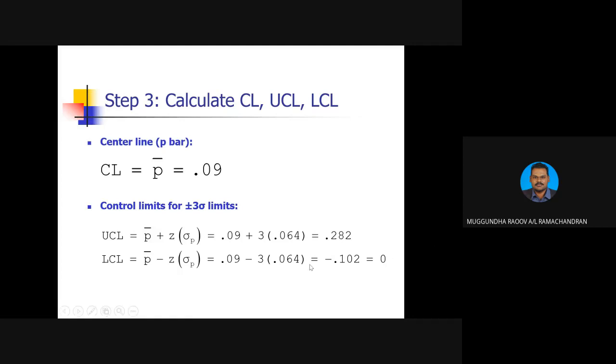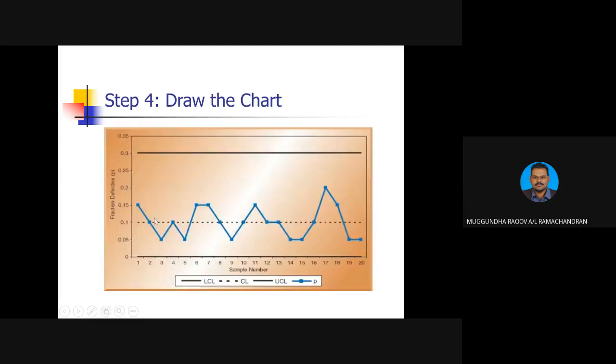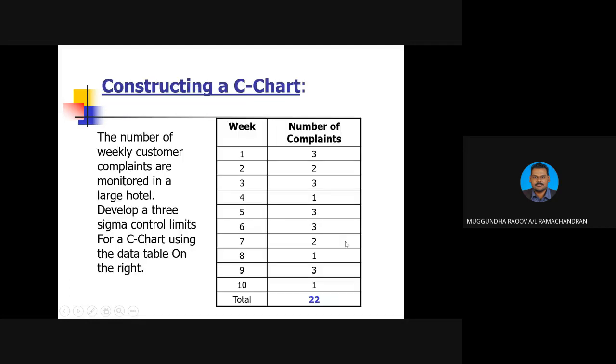When you get your lower control limit negative, you just have to put 0, because we can't plot something in the negative in the control chart. So we just write it as 0. This is how it will be, so your lower control limit will be 0. I hope the explanation is clear.